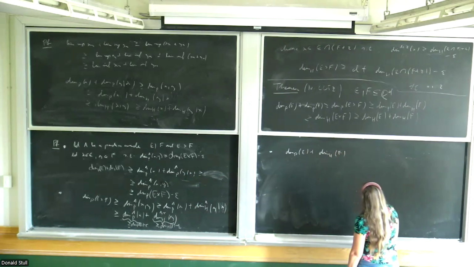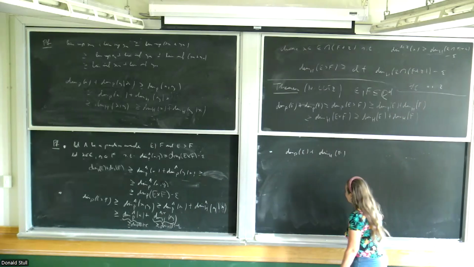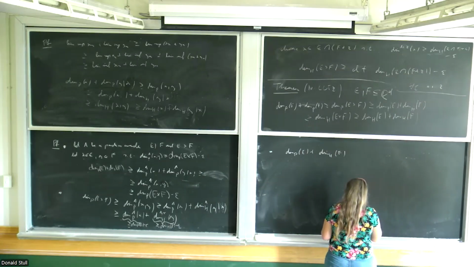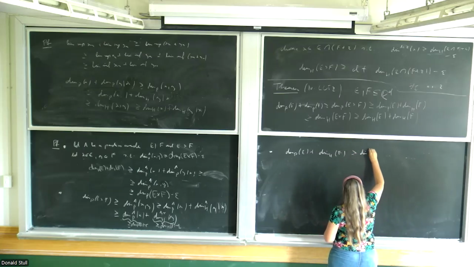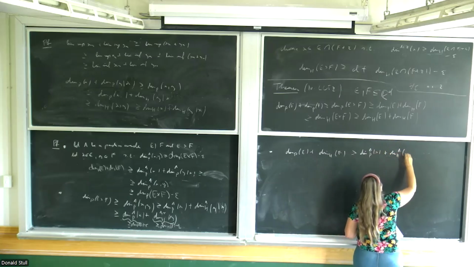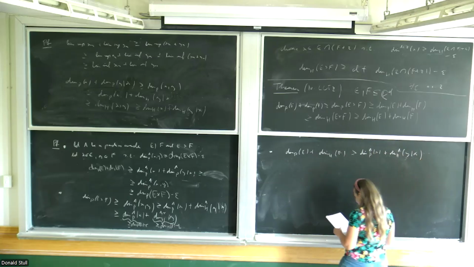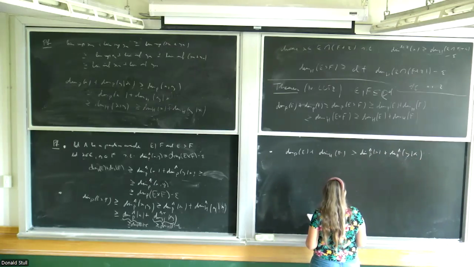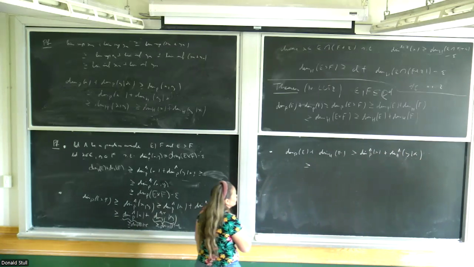So now A will be an oracle which is packing for E, Hausdorff for F, Hausdorff for the product. And I can say that this is larger than dim_P A X plus dim_H A Y given X, which is larger than, if I put this in the oracle... Seems I don't even have to put it in.